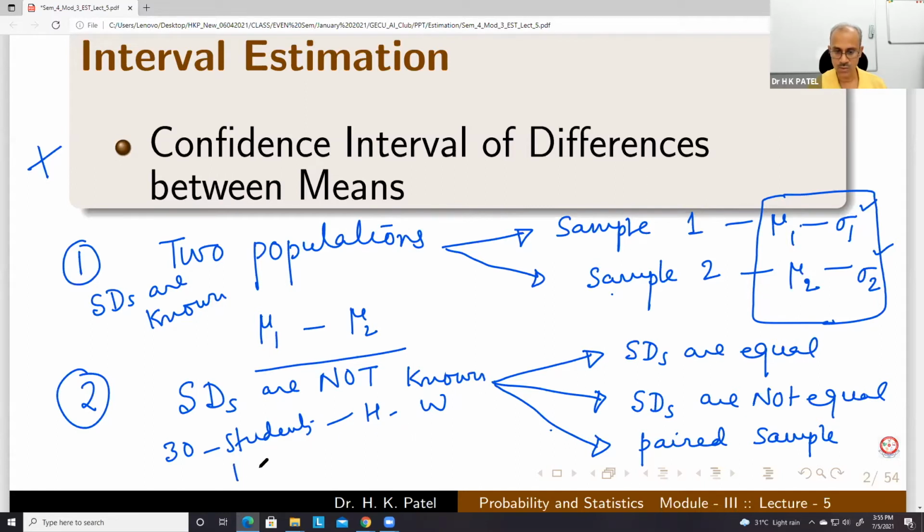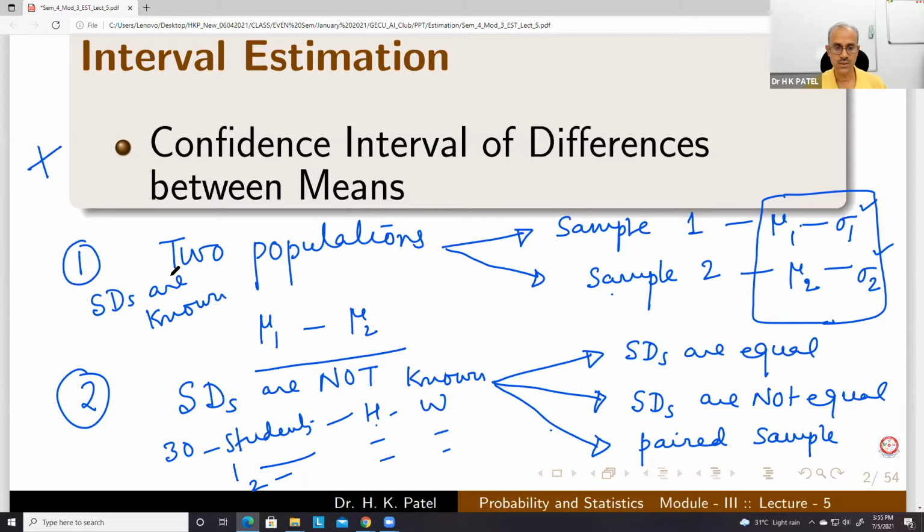For student 1, I get height and weight. Student 2, height and weight. So this is the first sample, this is the second sample. These are called paired samples. They are dependent, since weight and height depend on each other. So these are the cases we are going to discuss.